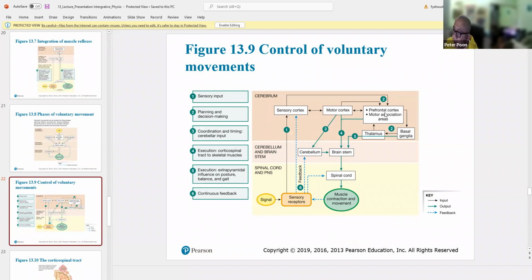This is where the planning, getting ready to execute, happens. It goes to the thalamus and to the cerebellum for planning, timing, and coordination, and then to the brainstem and up through the brainstem for muscle contraction. All of this goes right back to the execution and then back to the feedback loop, over and over.